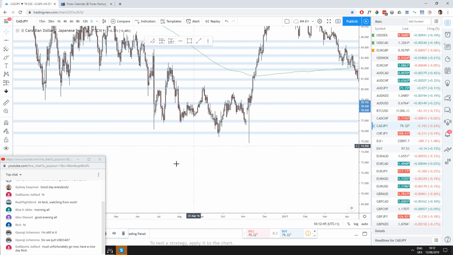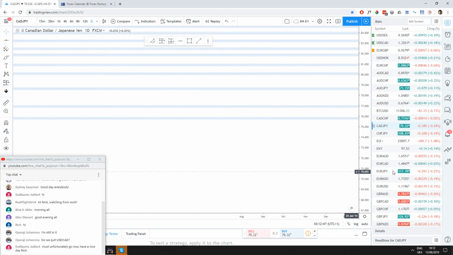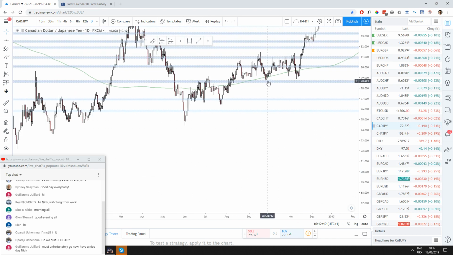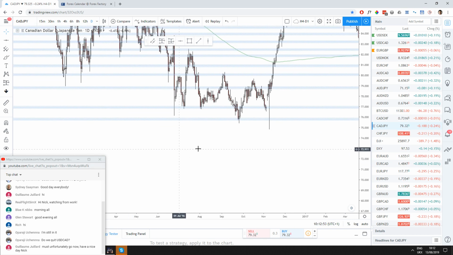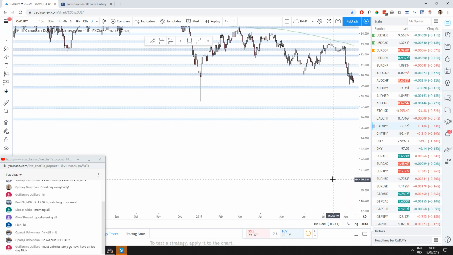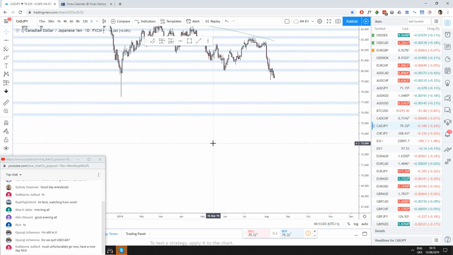It's kind of okay. On old data too. Don't like support resistance on very old data. Let's just see how it plays out, guys.